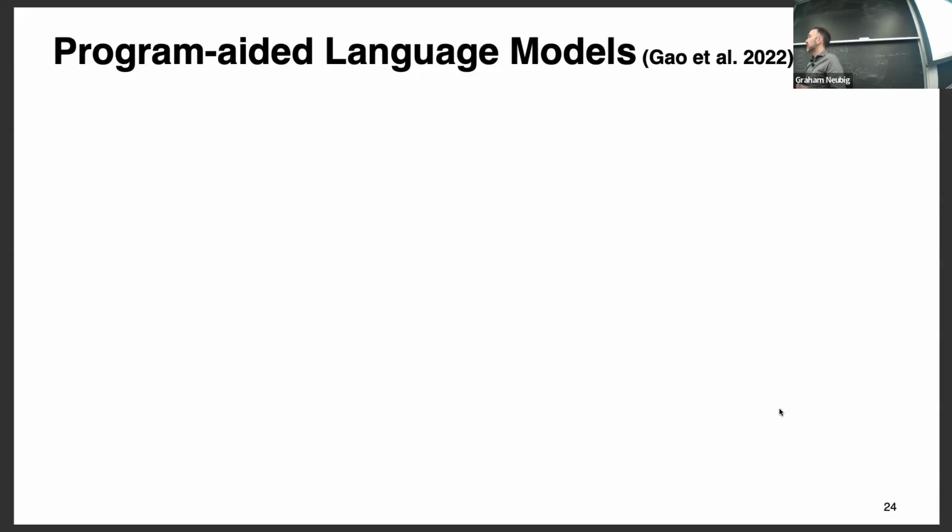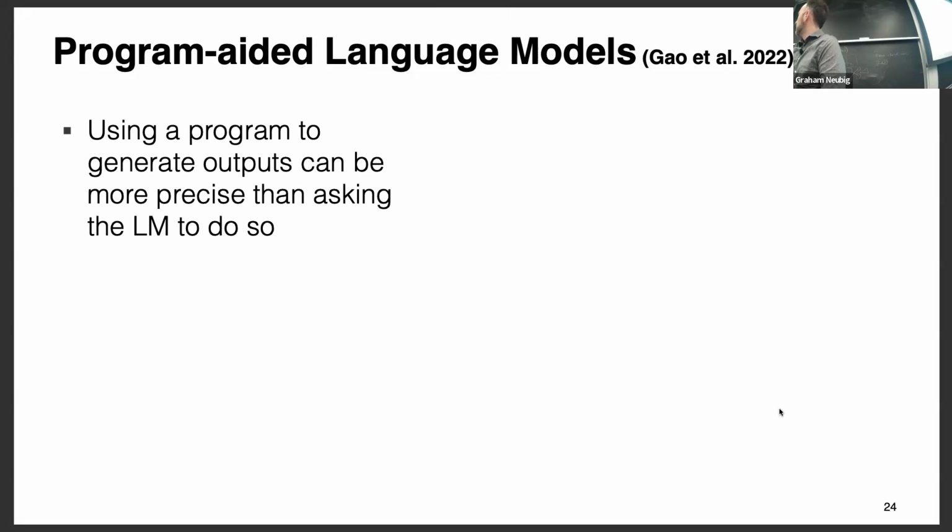Another thing is a paper called Program-Aided Language Models that we did about a year ago. The method that we proposed here is using a program to generate outputs, and this can be more precise than asking an LM to do so.